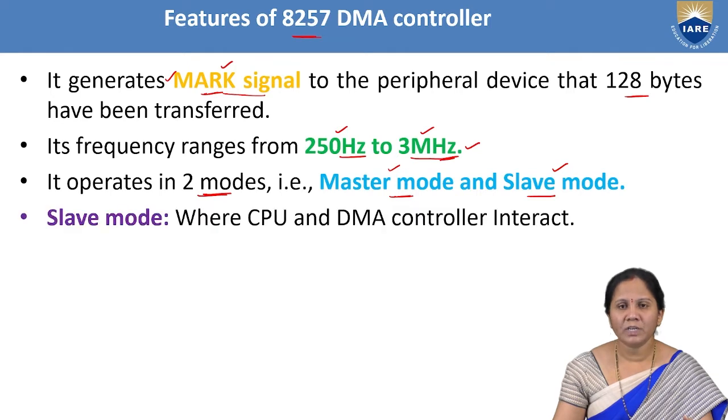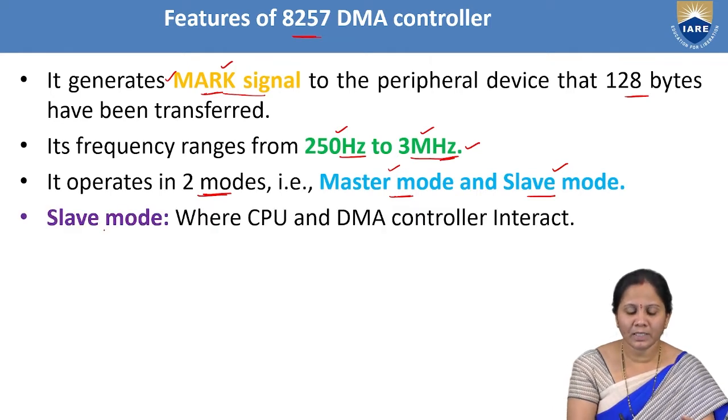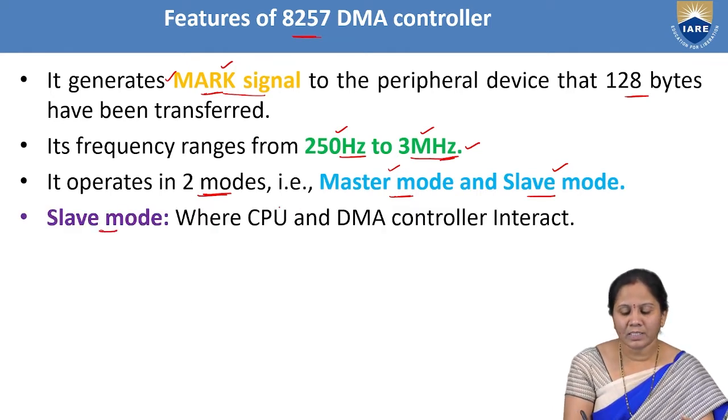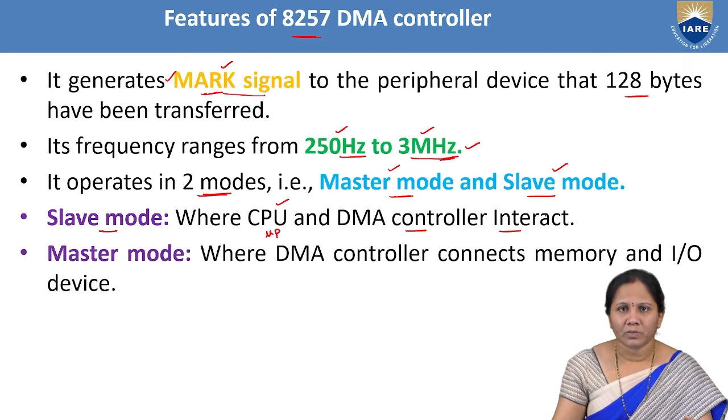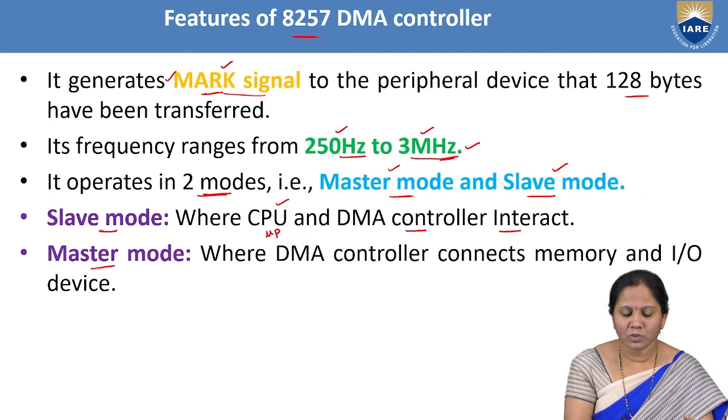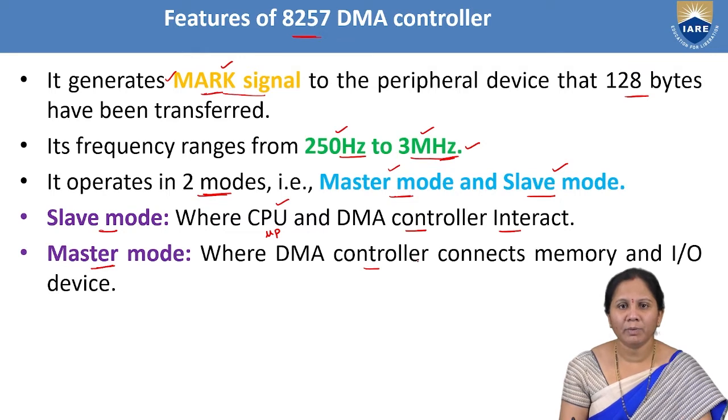When this 8257 DMA controller is operating in the slave mode, the CPU, which can also be called the microprocessor, and the DMA controller will be interacting. Another mode is master mode. When the 8257 DMA controller is operating in the master mode, the DMA controller will connect the main memory and IO devices.